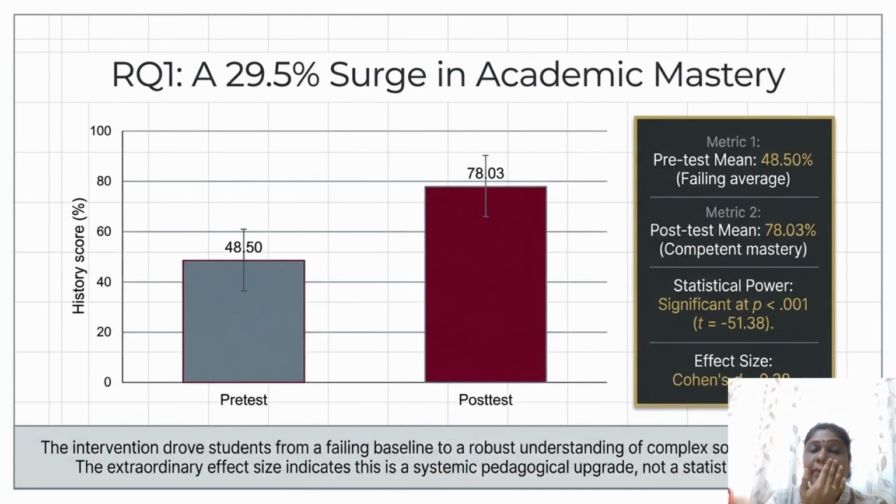So for question one, we analyze and get the marks for the pre-test and post-test. The pre-test mean is 48.5, a failing average. The second one is the post-test mean of 78.3, competent mastery. The statistical power is significant at 0.01.